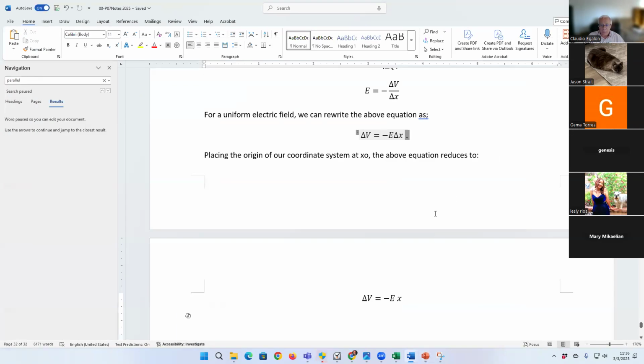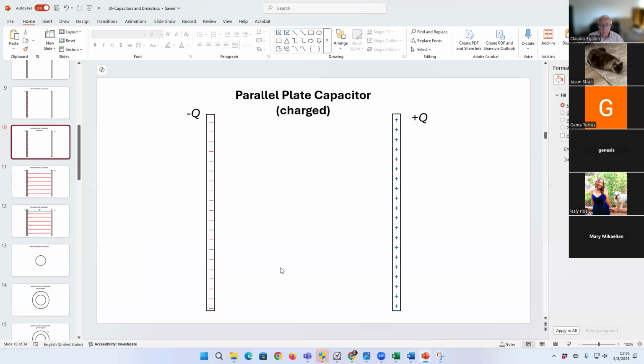Linearly. So now suppose the distance between the plates of your capacitor is D, okay? Let's take a look again. The distance between those two plates is D.